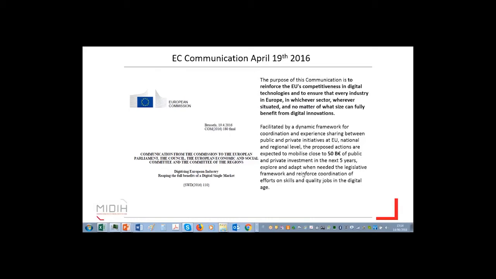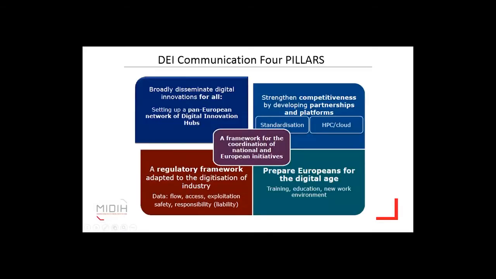This is basically what the Commission wants, and they proposed a framework which is a coordination framework for national and European initiatives. Basically, you could also identify these national and European initiatives with the term Industry 4.0.